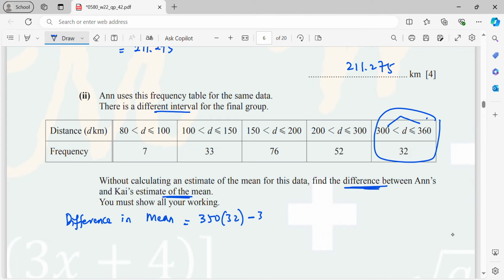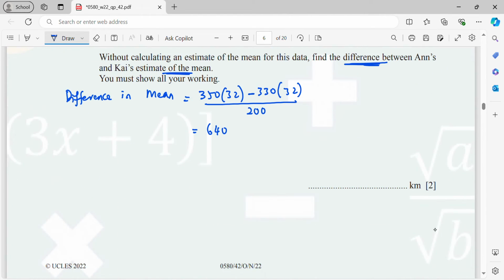So I just minus 330 times 32. Instead of calculating all, I will just consider the last group, over 200, because the rest of them will be the same. Then from here, you will be getting 640, over 200.